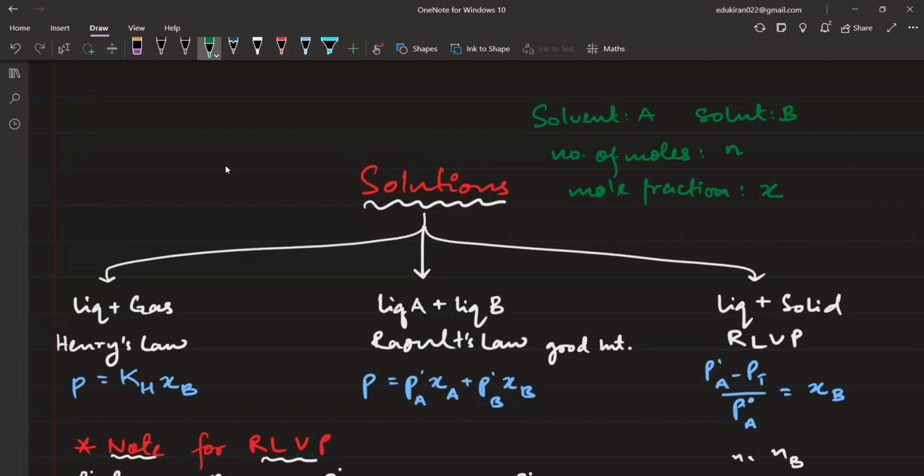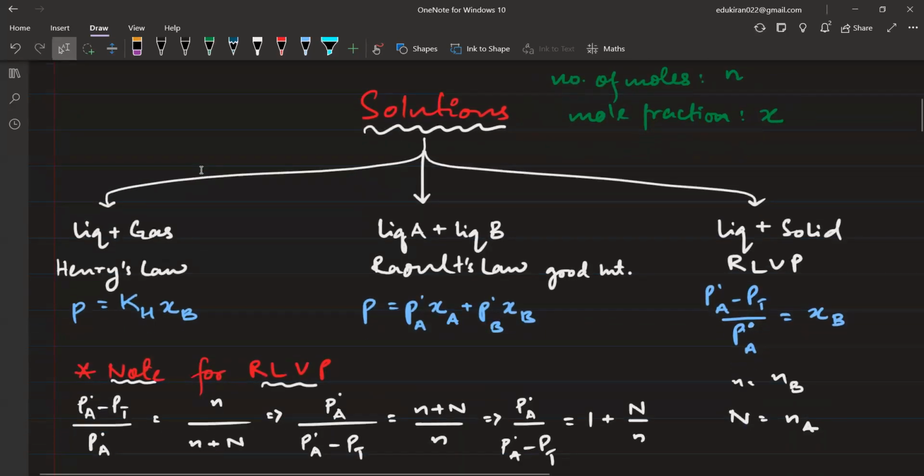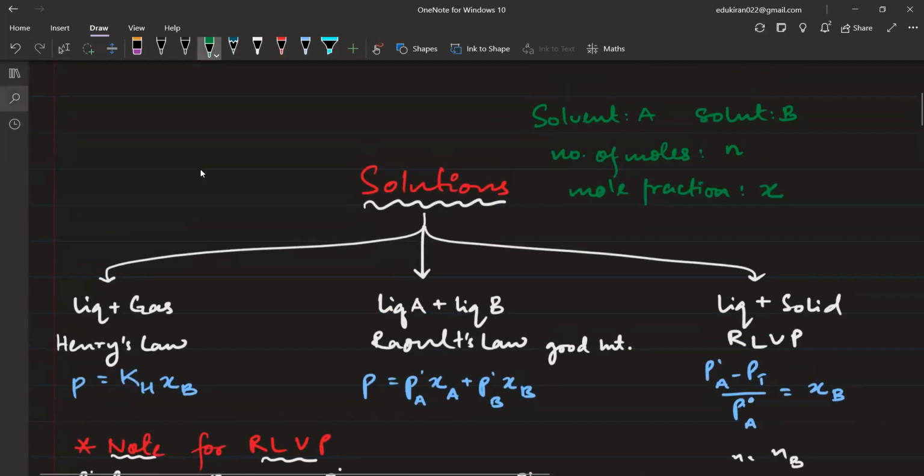It looks like a small x, but it is chi. Now, solutions can be of three types, on the basis that we are only considering binary solutions. Binary solutions are those which have only two components.